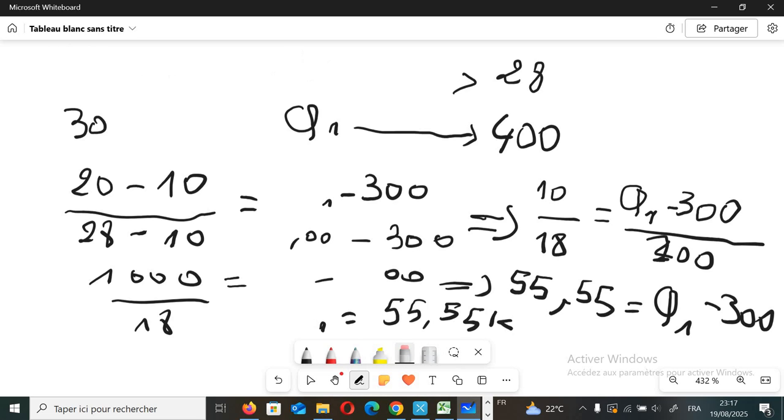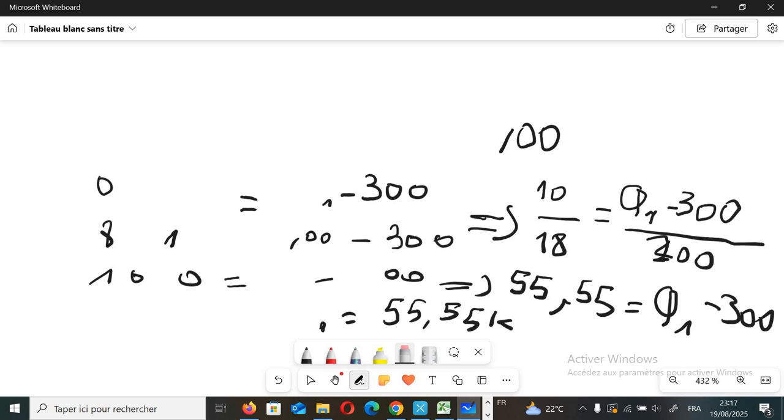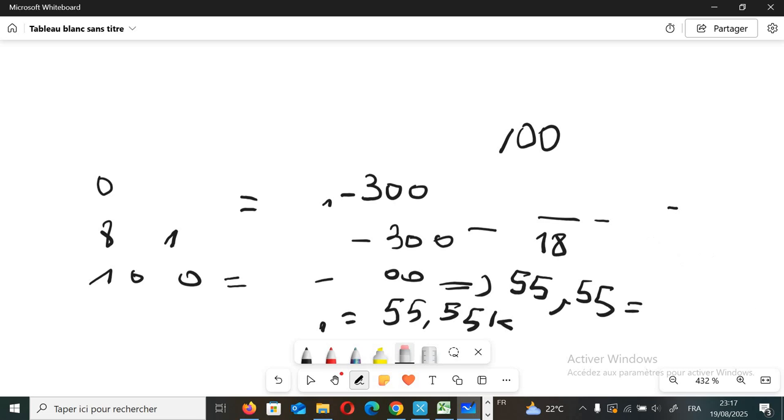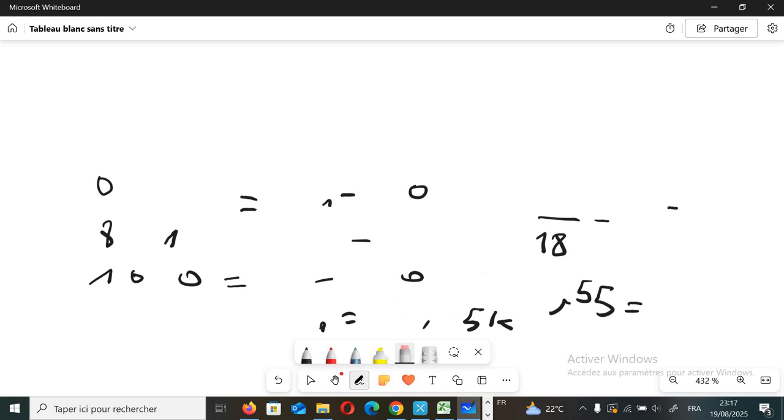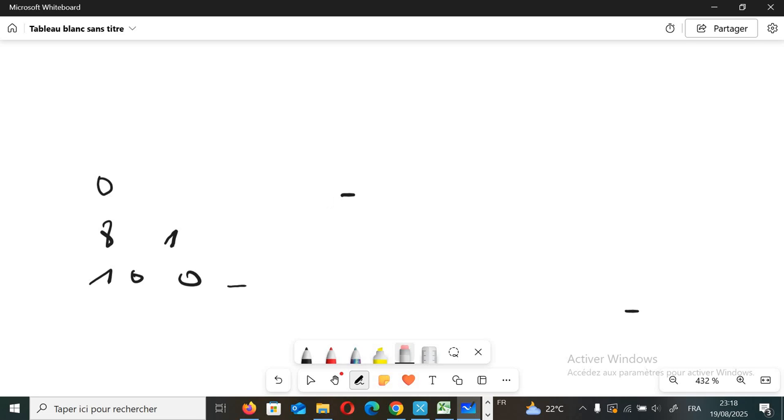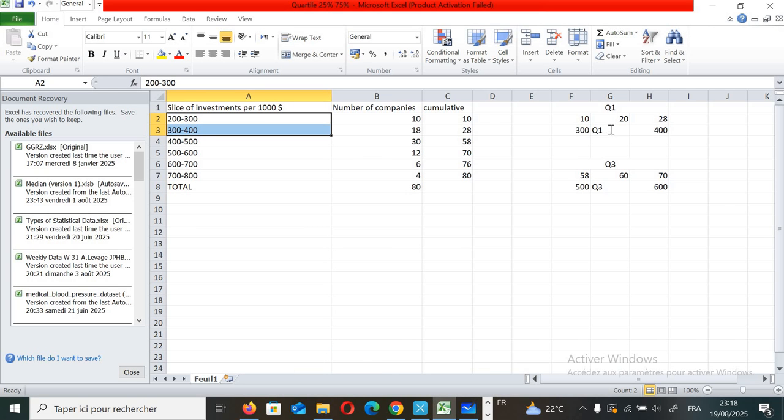Now we're going to look for the value of the Q3. This means Q1 is $355k.